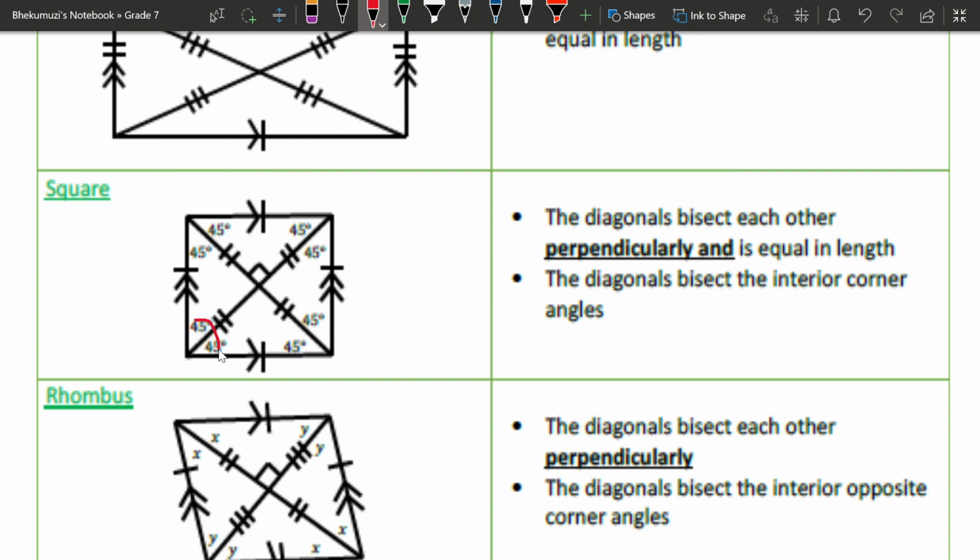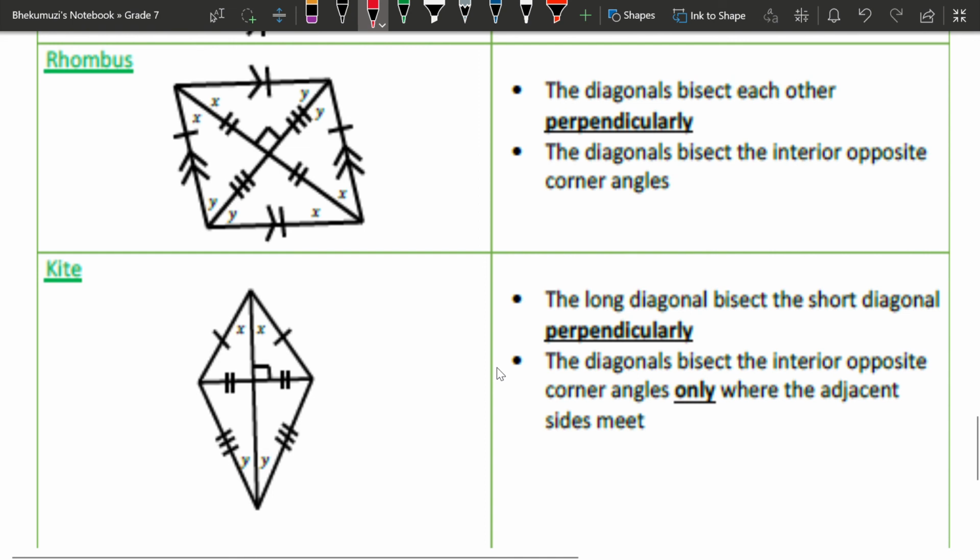So the interior corners, this was 90 degrees, remember? So half of 90 degrees is 45 and 45. So they bisect that angle, but also when they cross each other, where they intersect, they have 90 degrees, and also they bisect each other in such a way that the lengths are the same for all four.